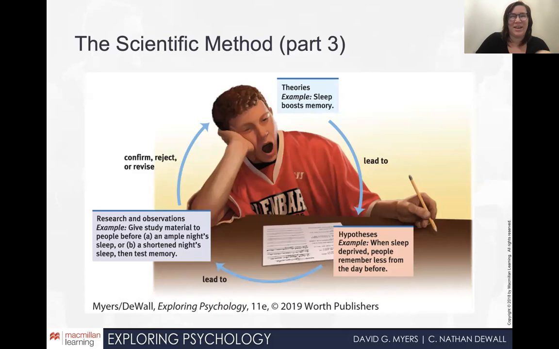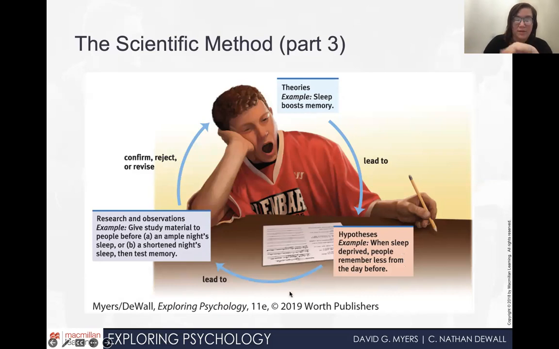So this is just an example, right? We have a theory right here: sleep boosts memory. And this theory leads to our hypothesis. The example: when sleep deprived, people remember less from the day before.